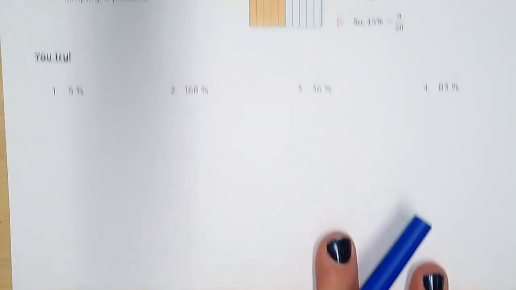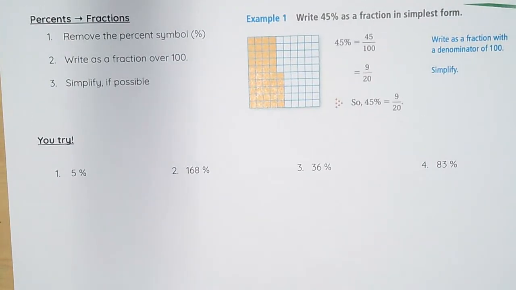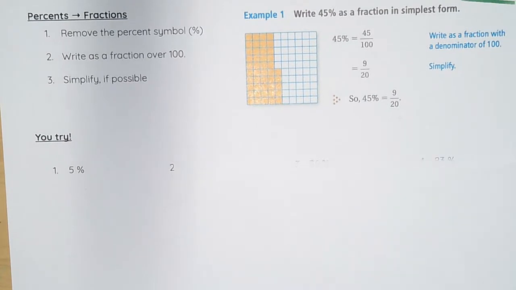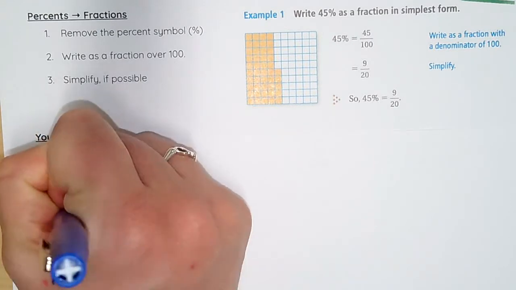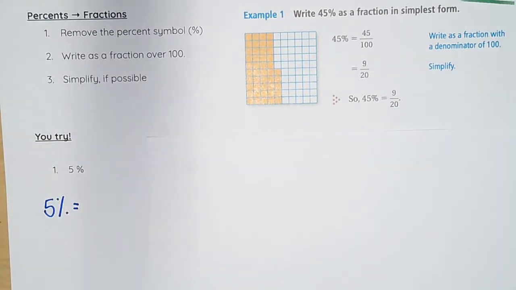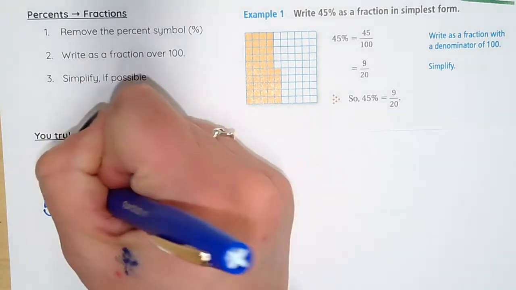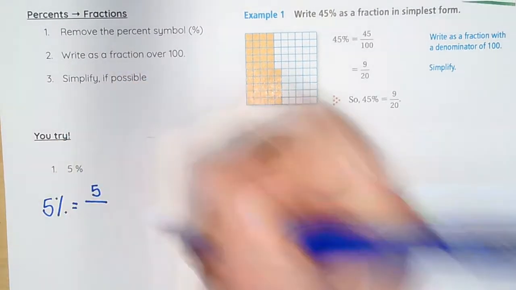Let's go ahead and try a couple of examples here. We have 5%. If I'm going to write 5% as a fraction, I would start by writing 5% equals. Okay, so now I get rid of this percent symbol and put my 5 as my numerator.